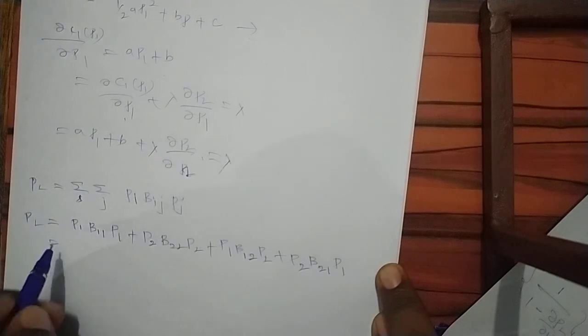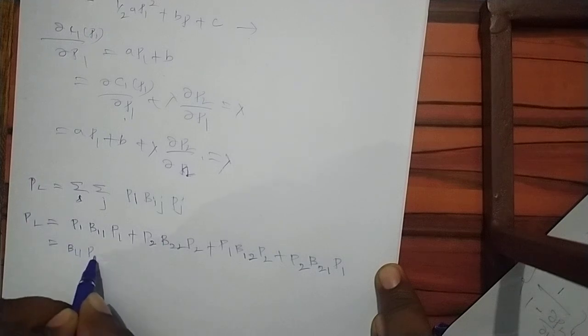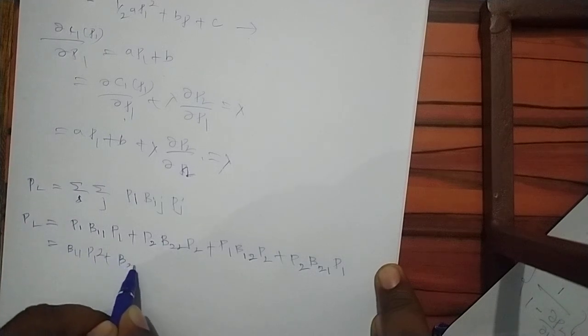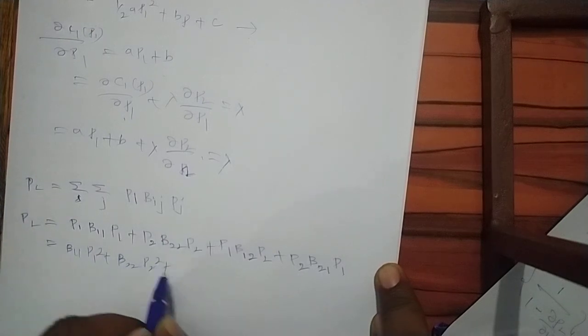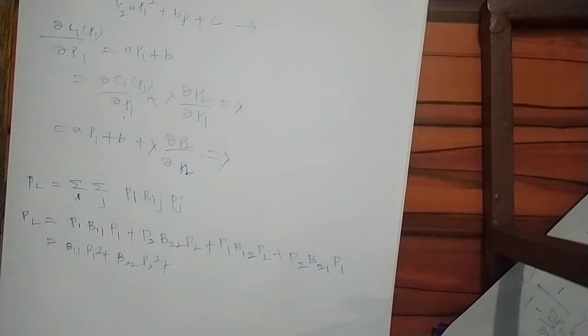So if you simplify, P1 to P1 gives B11 P1 square, B22 P2 square, and so on.